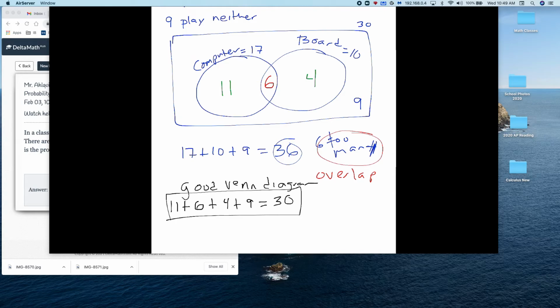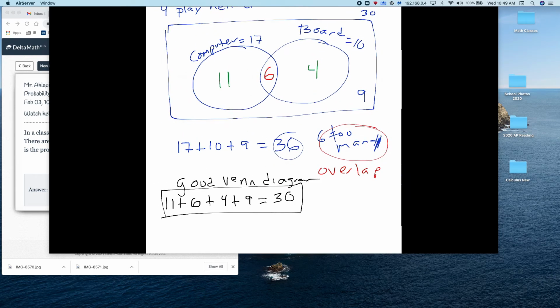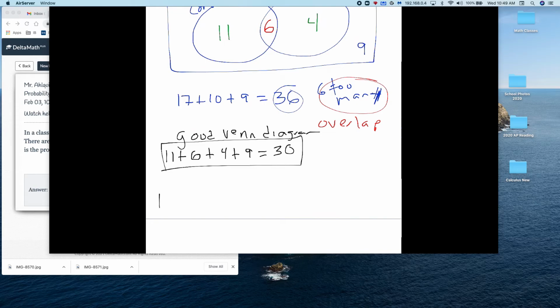So let's start answering some questions on this Venn diagram. Let's say a student chosen at random from the group plays board games. What's the probability of board games?